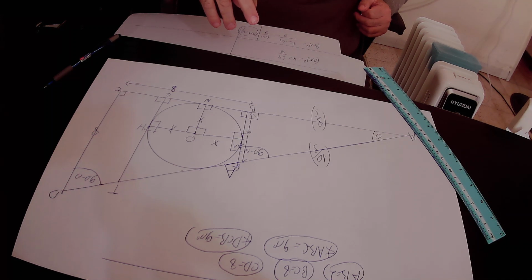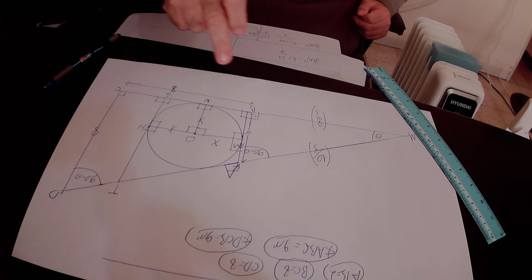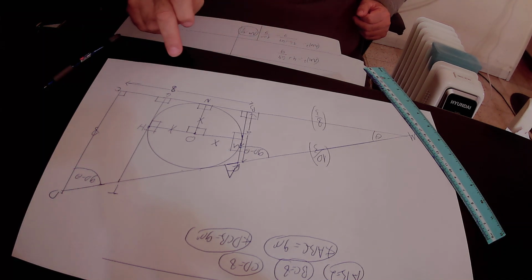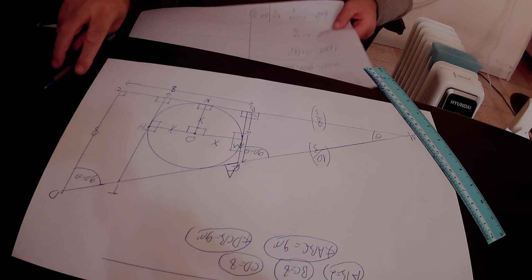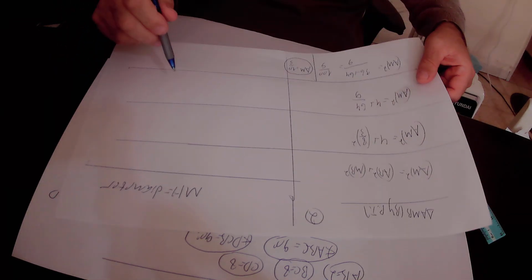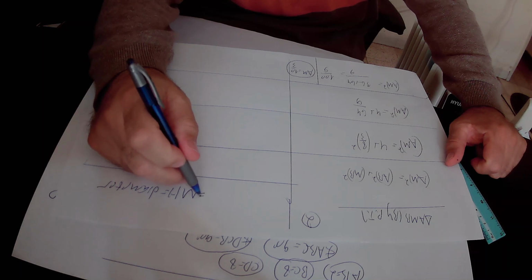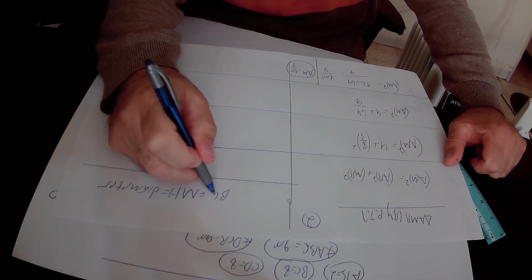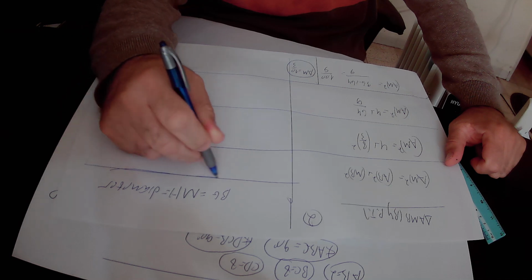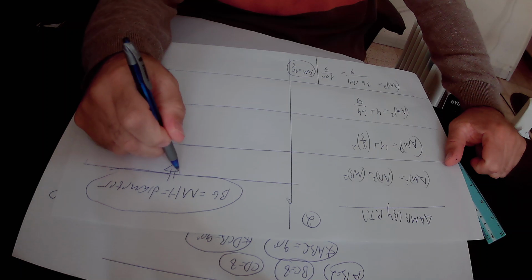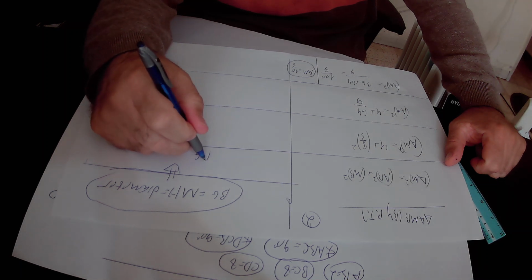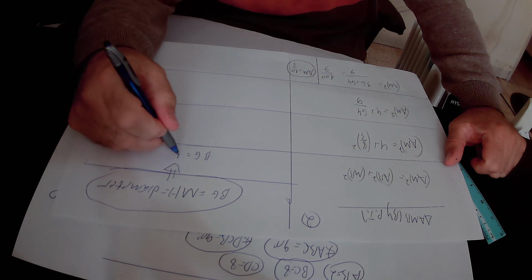So, in rectangle MHBG, side BG must be equal to side MH. So write down here that MH equals BG. And from this equation, BG equals MH equals the diameter, we will derive that BG is also the diameter of the circle.